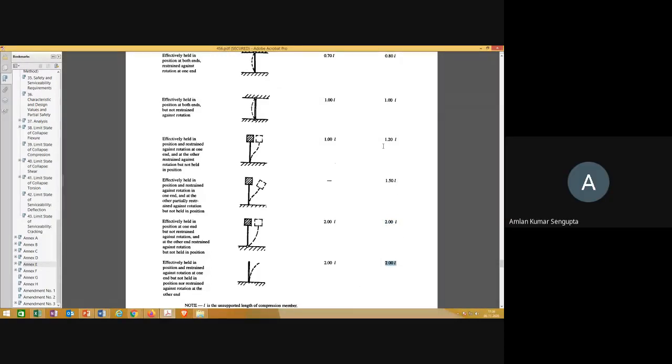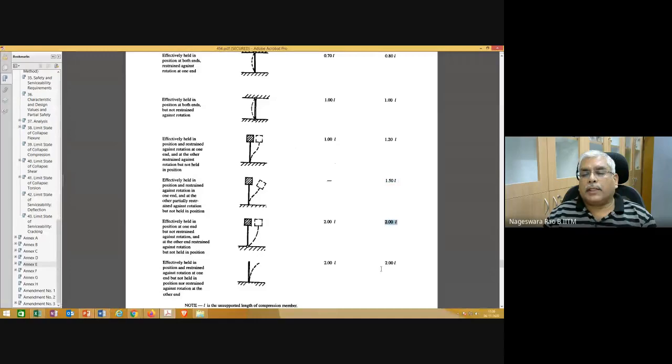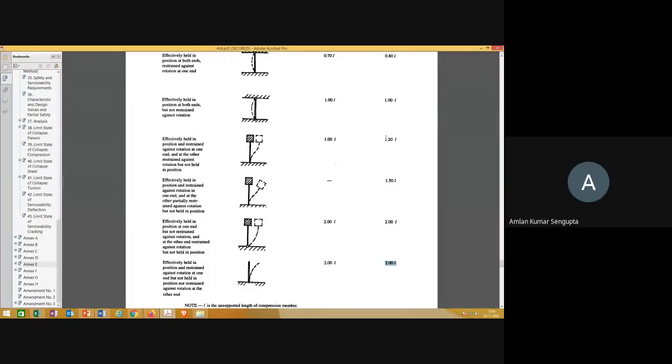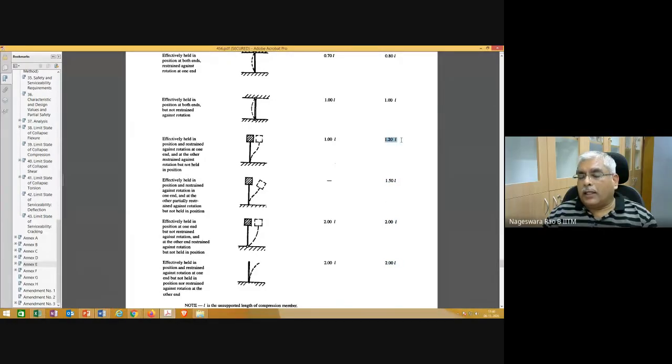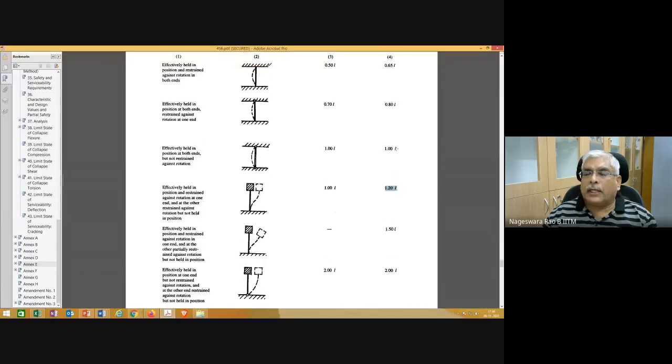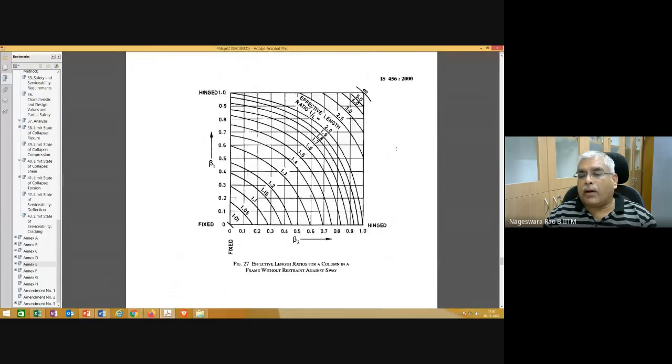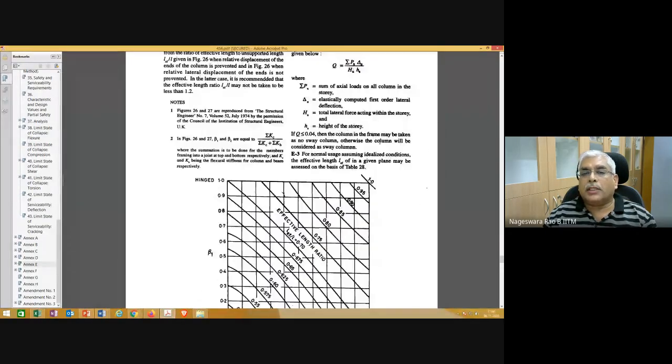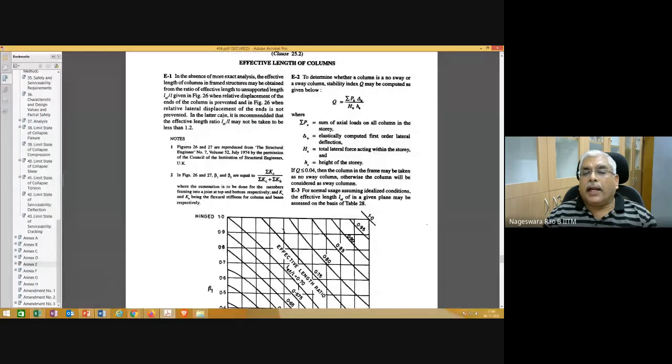Just for curiosity, you should see that essentially these values can be picked up from the previous charts also. The one point I showed you is that for sway columns, the later case corresponds to figure 27. There is a typing mistake. It is 27. 27 is for sway columns.